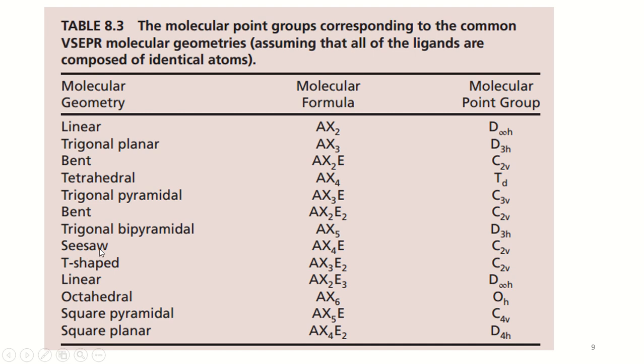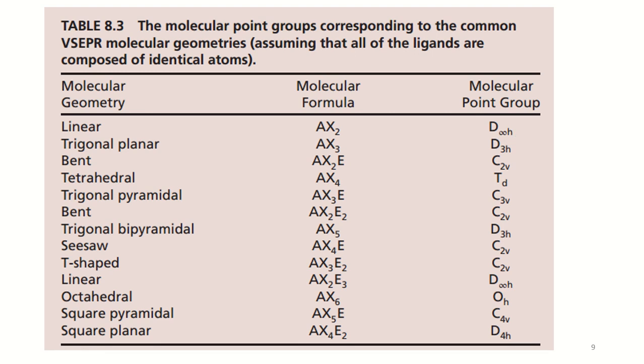If the geometry is seesaw and the molecular formula would be AX4E, then it would be C2v. If the molecular geometry is T-shaped, then C2v. If the molecular geometry is linear with the formula AX2E3, then it's again D∞h, that we have already discussed in linear geometry with molecular formula AX2.